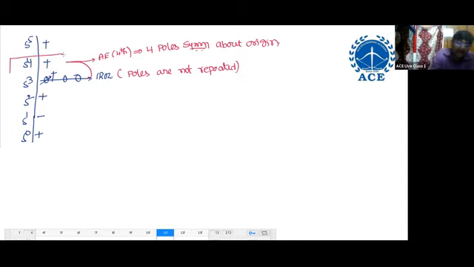Next, below the auxiliary equation, how many sign changes? Below the auxiliary equation, 2 sign changes. Means 2 poles right, and 2 poles right and symmetrical poles left.